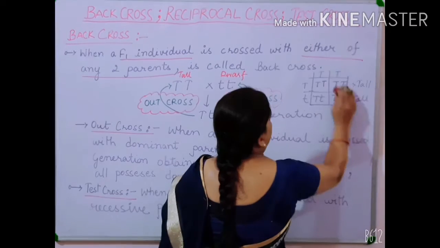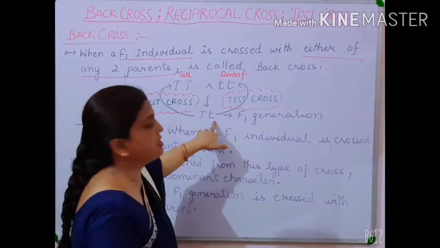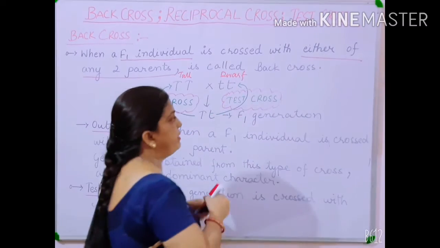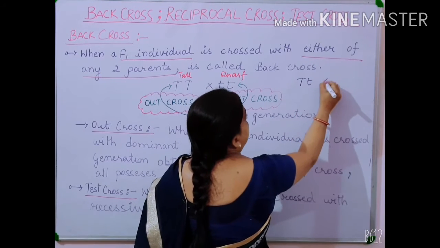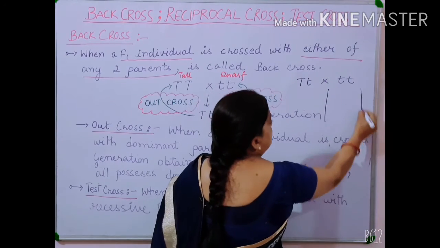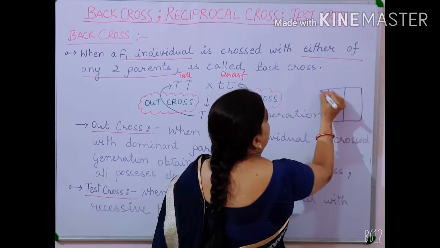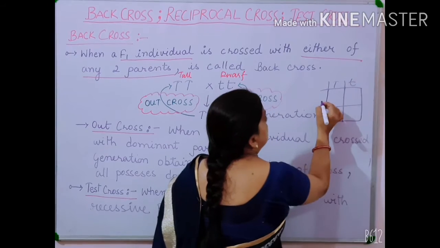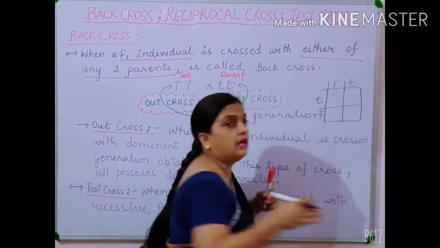Now let me take another example, the test cross. What did I say? What is a test cross? When the F1 generation progeny is crossed with small t, that means the recessive. So if I make a cross with this, capital T small t is crossed with small t small t. I am going to make a Punnett square. If I place capital T small t on one side and small t on the other side, what will I be getting?